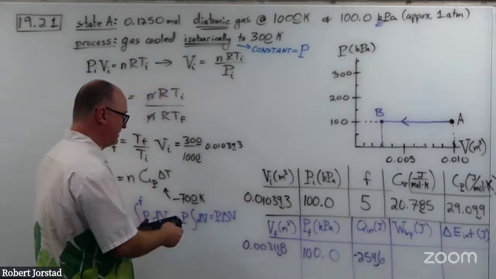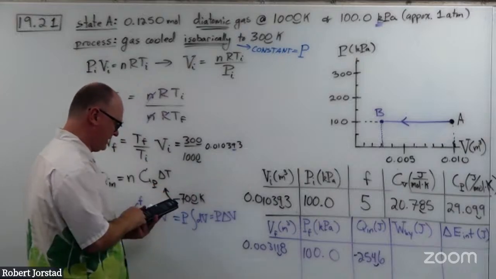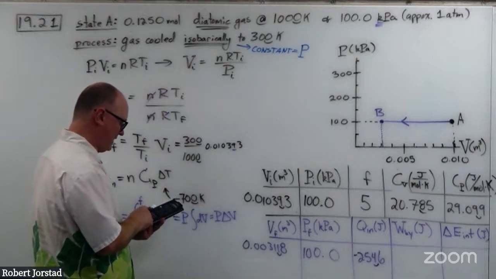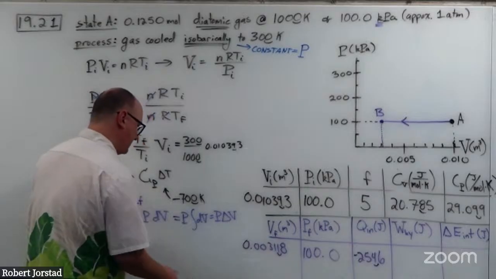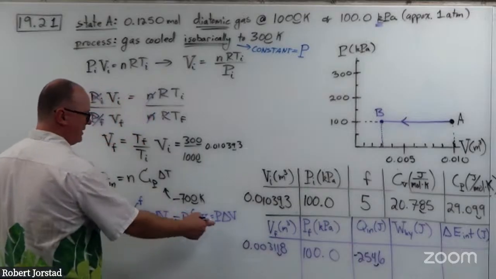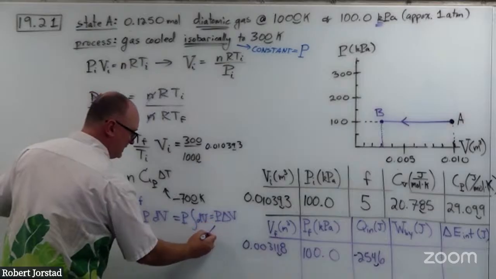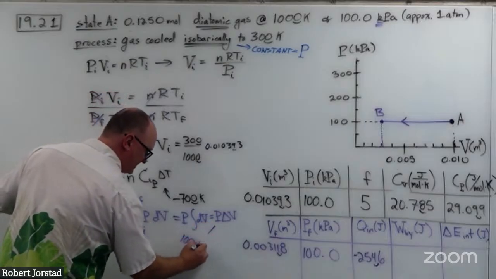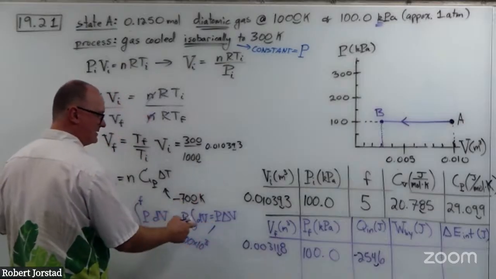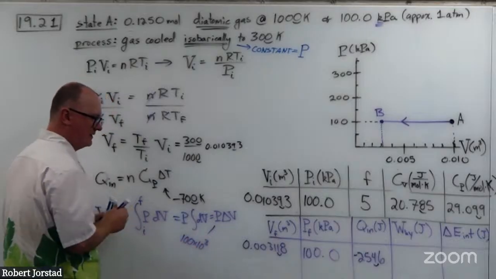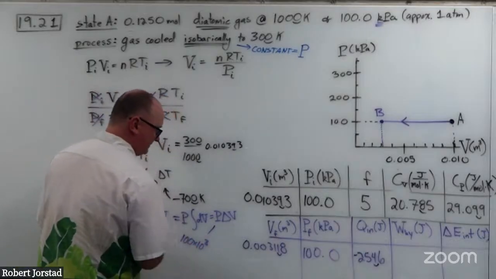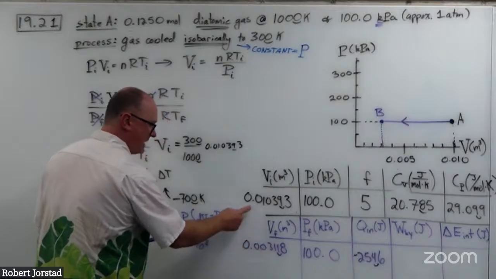So I'm going to punch this in. You can see what you get. So the pressure is 100. Oh, we've got to watch out here too. Don't forget the pressure's in kilopascals. So it's 100 times 10 to the third pascals, and delta V is some negative number. It's the subtraction. This minus that negative.